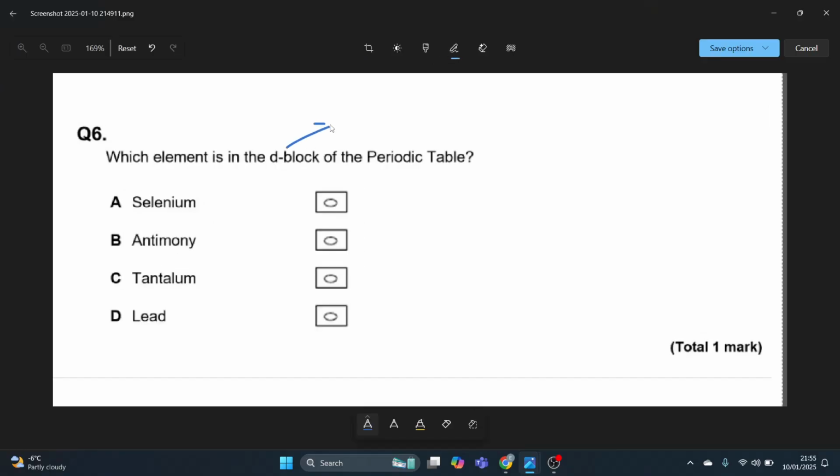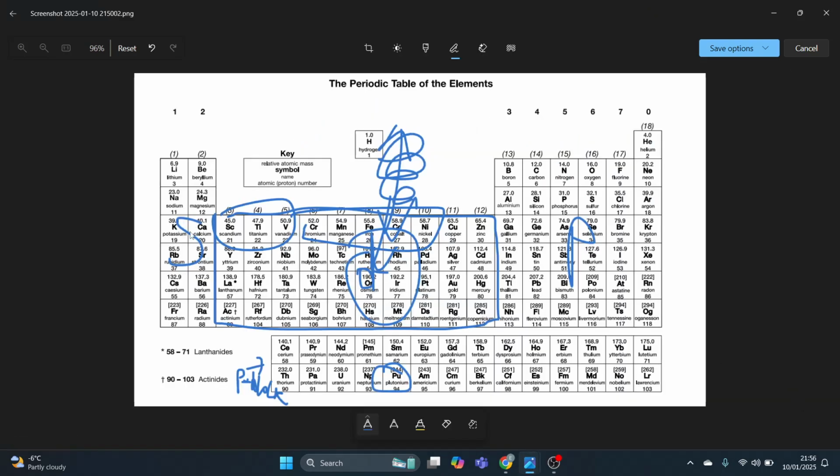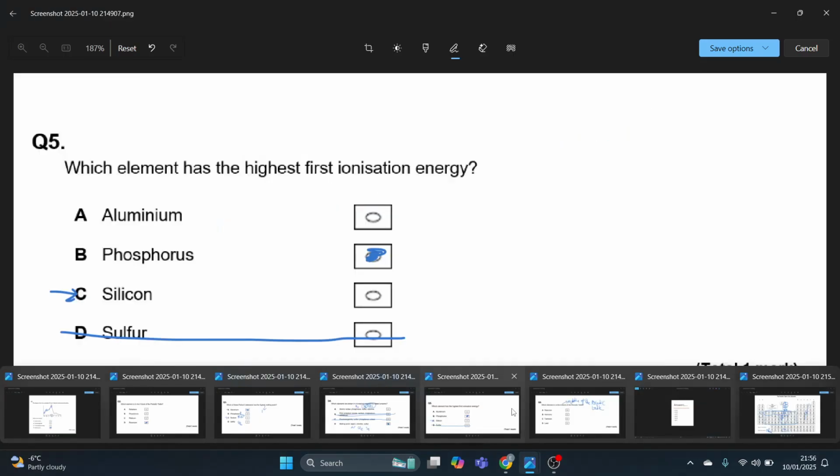Question 6: which element is in the D block of the periodic table? The D block, aka the middle of the periodic table. Selenium is right there. That's a P block, so that's not it.